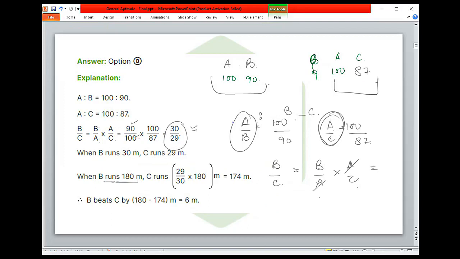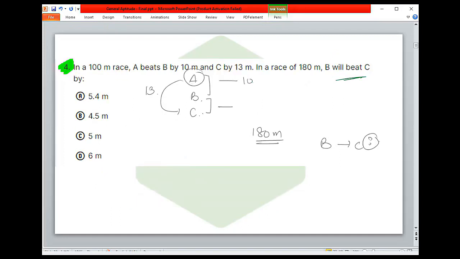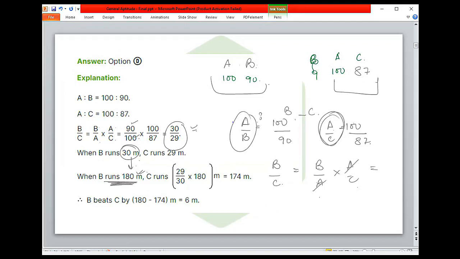Now in the second race, what is it asking? In the race of 180, B is now running 180, so C will be running 29 upon 30 into 180, because this is the comparison between B and C. When you calculate, it is equal to 174.